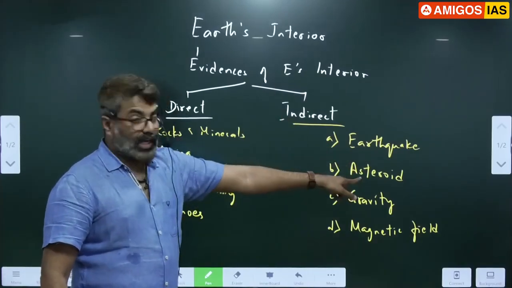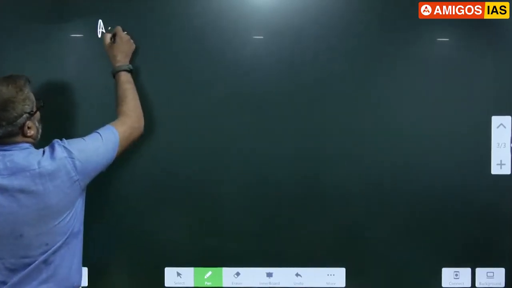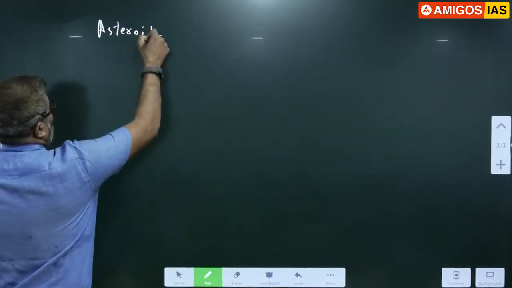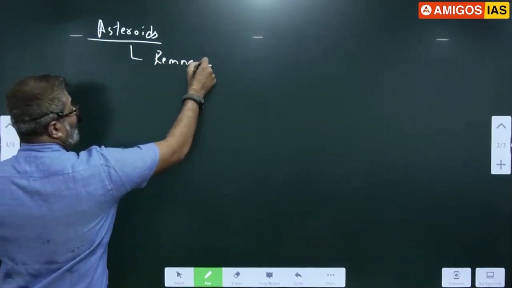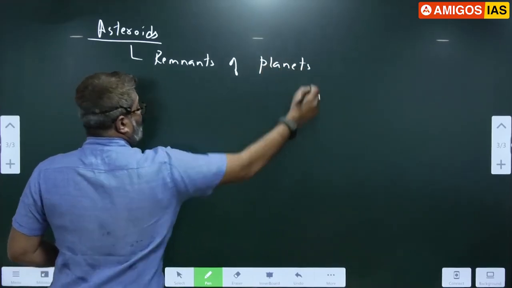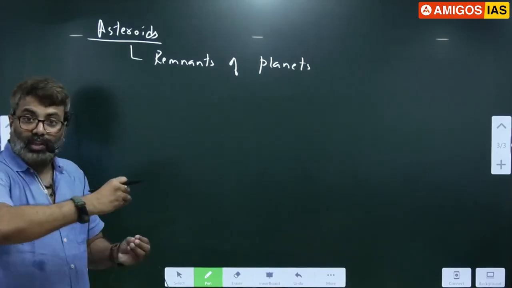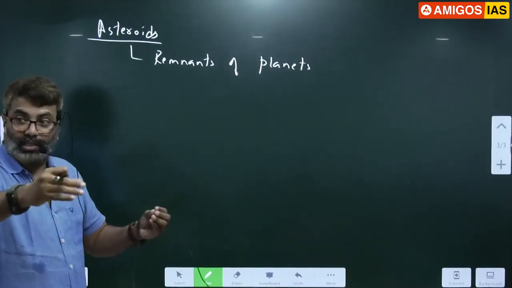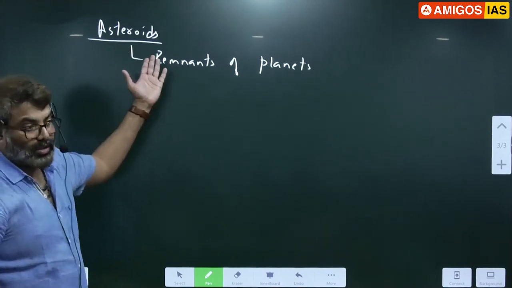Okay. So next, asteroids. Asteroids are remnants of planets. Remnants of planets means our planets, we have Mercury, Venus, Earth, Mars. These are rocky planets. After the formation of these inner planets, the remaining rocks are called asteroids.